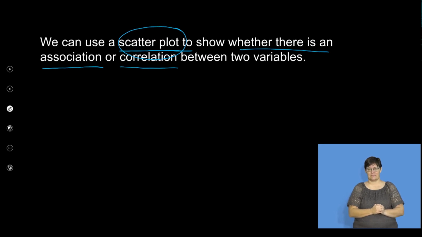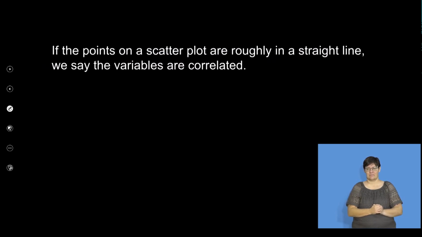So if points on a scatter plot, we're talking about points, we're talking about the independent and dependent variable. So it's the coordinate x, y.